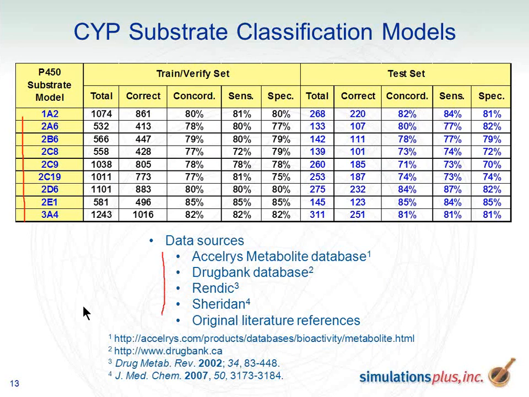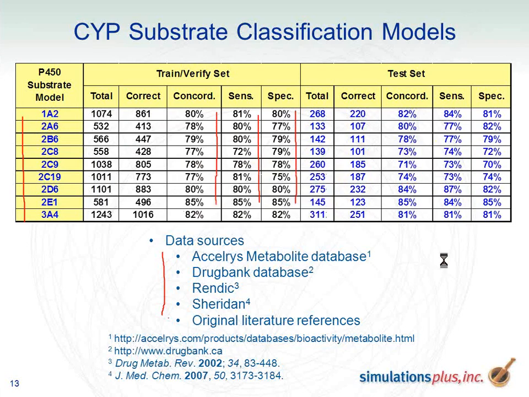The major source here is the Accelrys metabolite database. We also use DrugBank, a couple of publications, one from Rendic and Sheridan, and then we always go back and look at original literature references. As you see, the concordance, sensitivity and specificity are all very nice for the training sets, and similarly for the test sets.